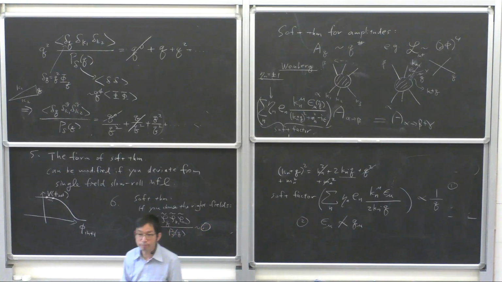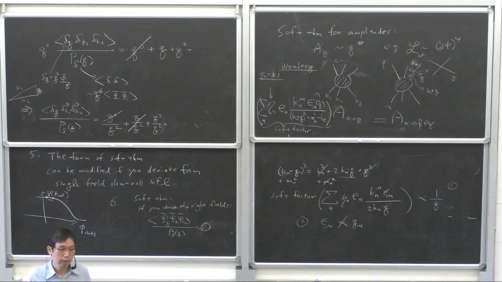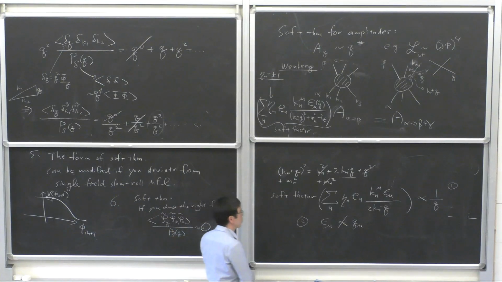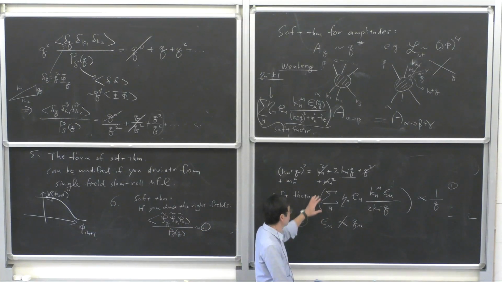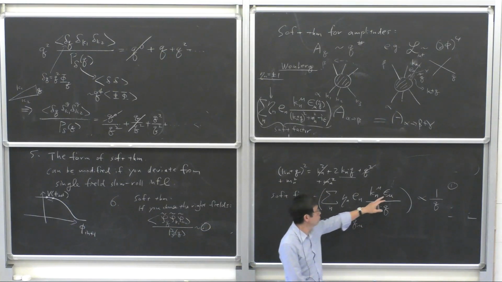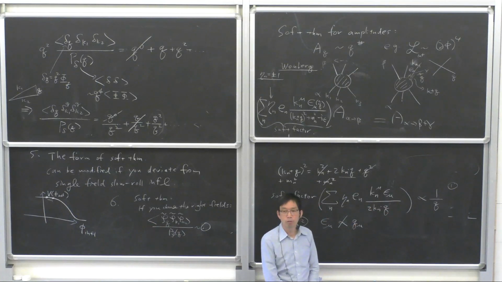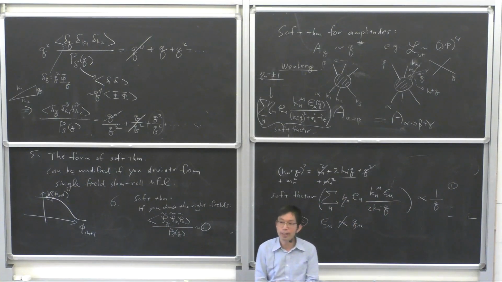A polarization that's proportional to Q would be just pure gauge. And so he points out that the soft factor, if you put the polarization equal to Q mu, you should get 0. You should not get anything.